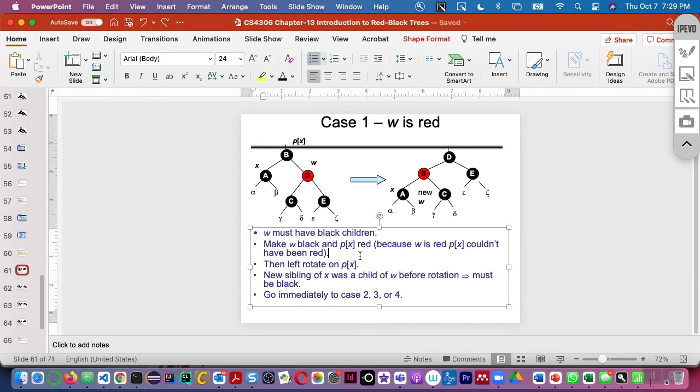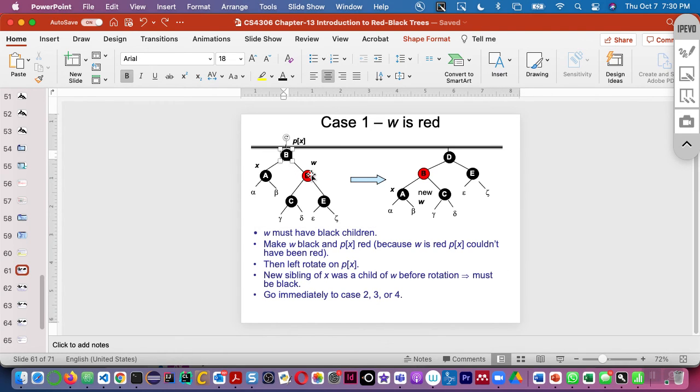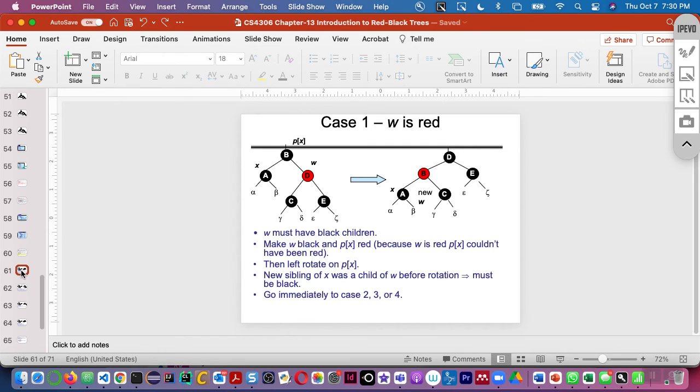So left rotate on X and then change its color. One thing I forgot: whenever we delete, we go towards the down children to change color, but in insertion we go up.